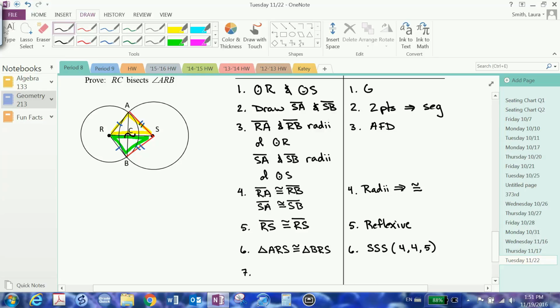And so now, remember our plan, we needed to say that angle ARS was congruent to angle BRS because corresponding parts of congruent triangles are congruent. And if these two angles are congruent, then RC must have bisected angle ARB.